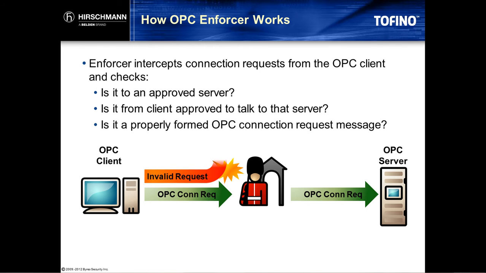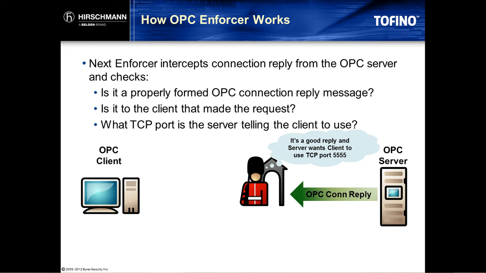What we do is we use content inspection technology so that the OPC Enforcer module can listen in on that first connection request between the client and the server. First of all, as the connection is sent to the server, it takes a look at it and makes sure that it complies with the requirements of the OPC and DCOM specifications.